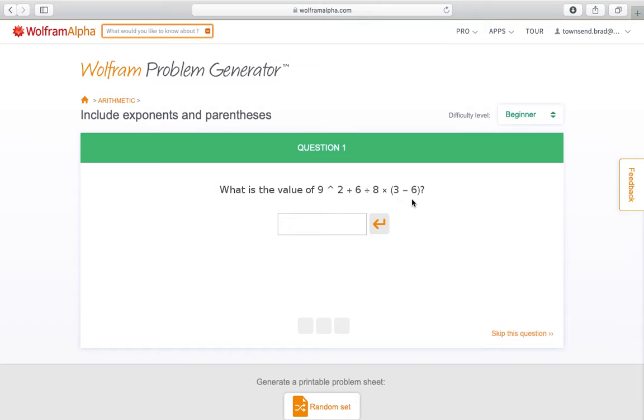The first thing I did is I took 3 minus 6, and that gave me -3. Then I thought, okay, what do I do after that? Well, exponents are next in precedence, so I took 9 to the second power, and 9 times 9 is 81.